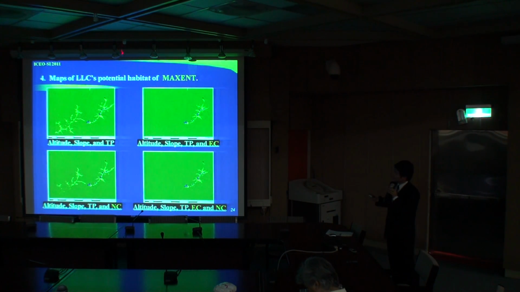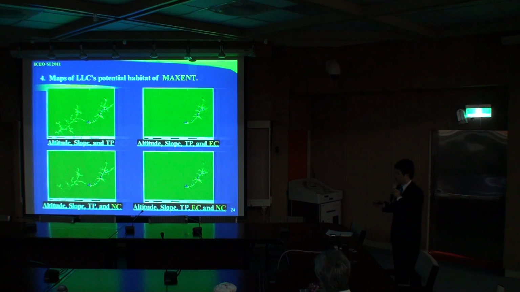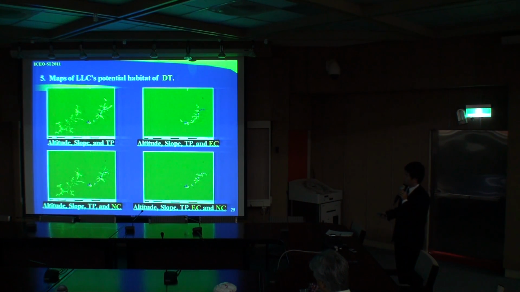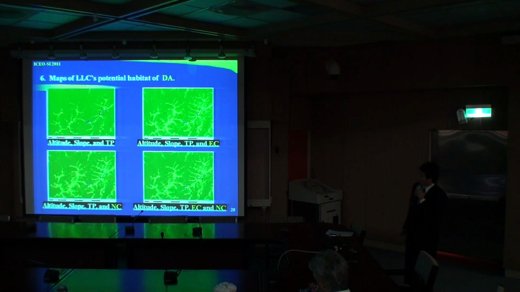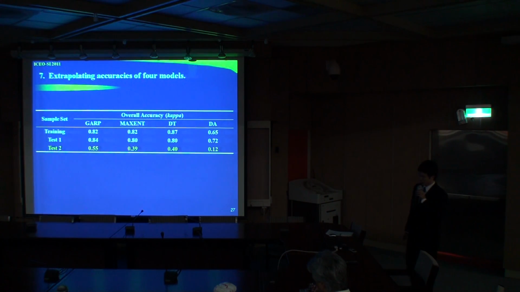But in MaxEnt, both eastern and northern coordinates limited the predictive area so that it couldn't extrapolate to the area far away from the samples. And it is similar in DT models. But these two coordinate factors are not very efficient in the DA model.